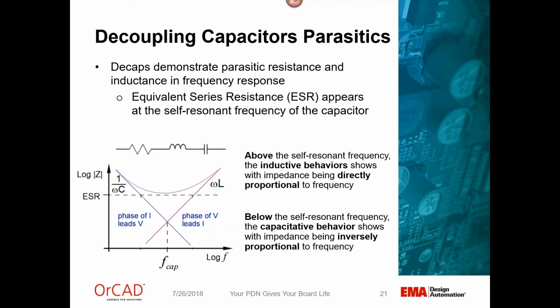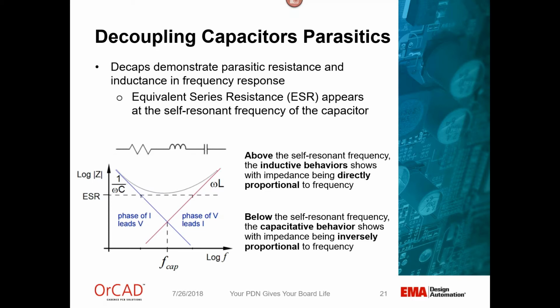So why do decaps work the way they do? This is because even though they're decoupling capacitors, their parasitics make them behave as essentially a resistor, inductor, and capacitor in series. I already mentioned the self-resonant frequency, which is where we see the ESR, the equivalent series resistance, and that's the low impedance we get at that desired frequency.